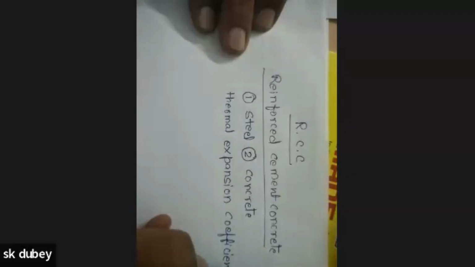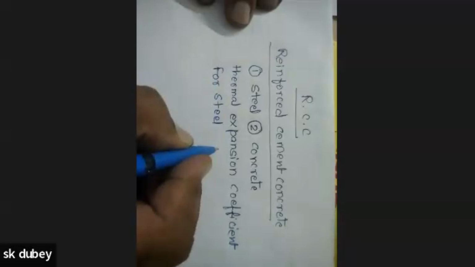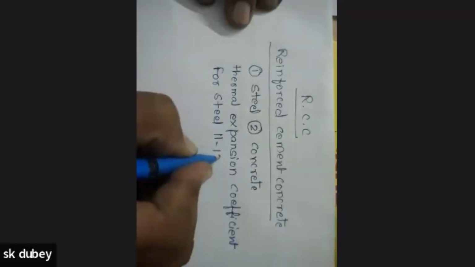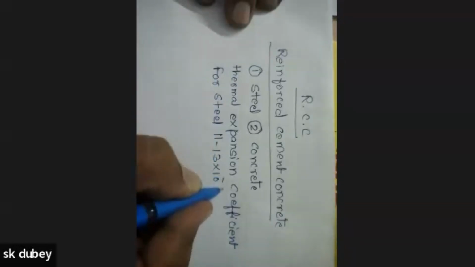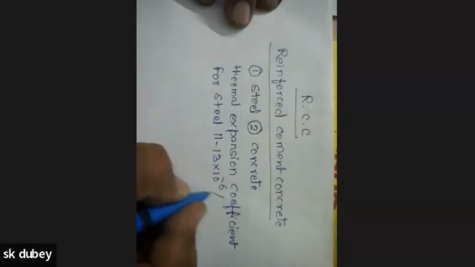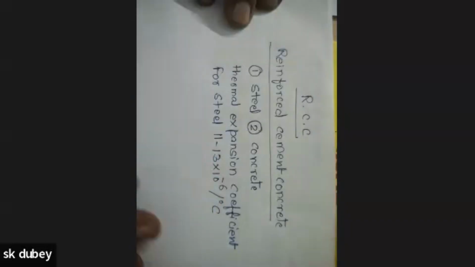Coefficient more or less same. For steel, in general, it varies from 11 to 13 into 10 raised to minus 6 per degree centigrade.